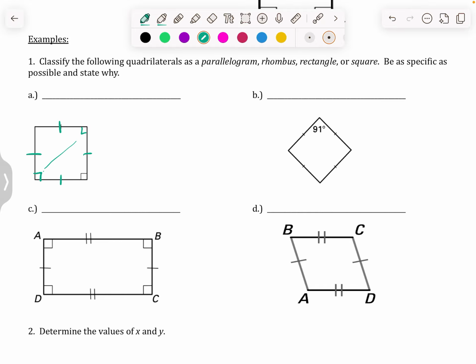Or we know that consecutive angles add up to 180. And so these two have to add to 180, so 90 and 90. So we know that it is a square. It's four congruent sides and four 90-degree angles. That's what makes it a square.